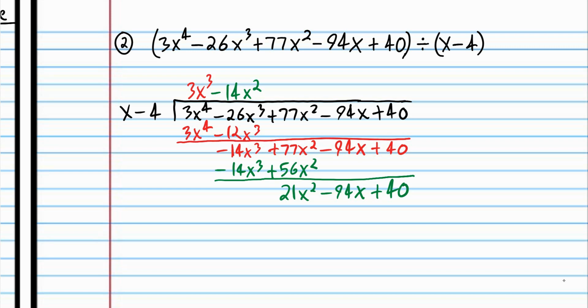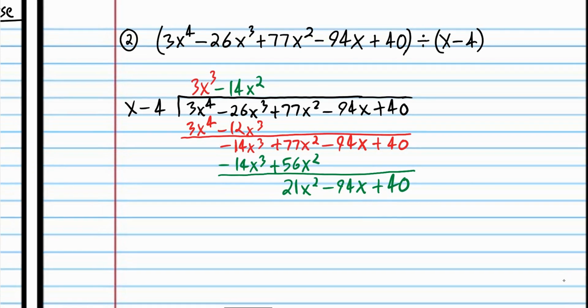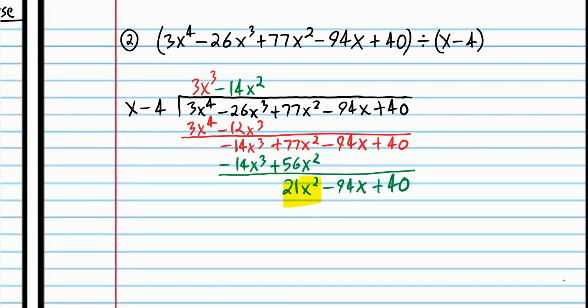But we need to keep going. We need to keep going until the degree of the remainder is less than the degree of the divisor. The degree of this yellow expression up there is 1, because the highest exponent is 1. There's no exponent on the x, but it's considered to be 1. The highest exponent down here is 2.